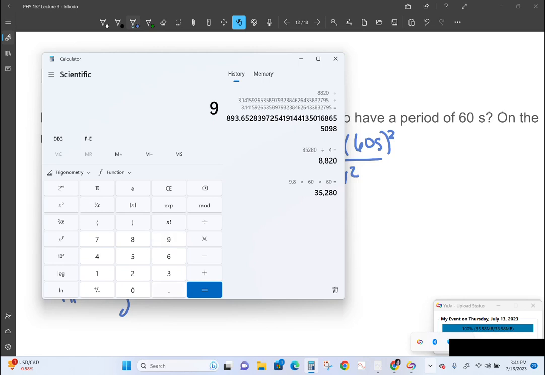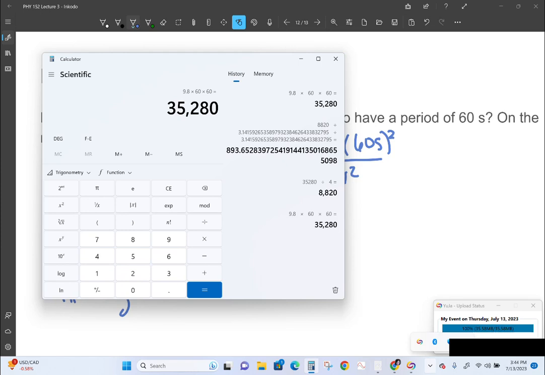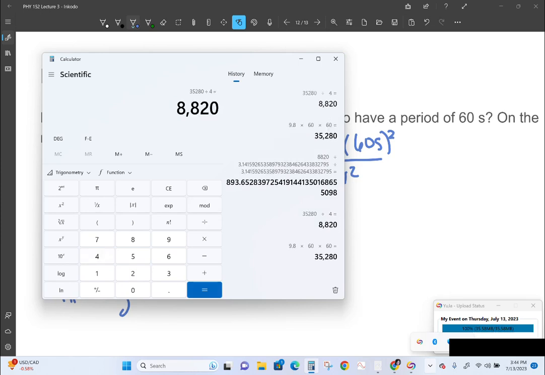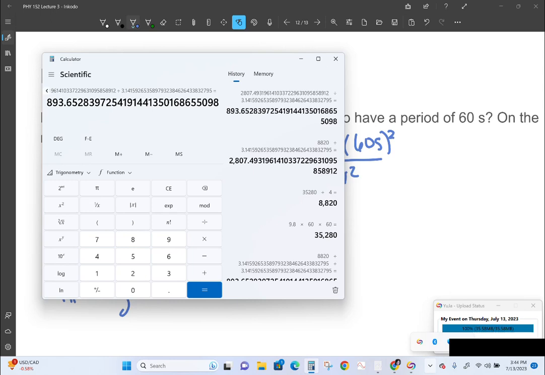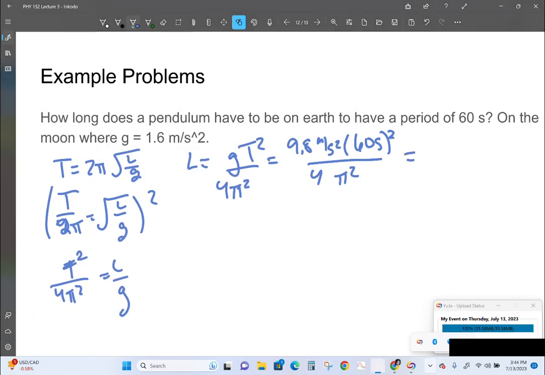So 9.8 times 60 times 60, divided by 4, divided by pi, divided by pi, 894. So the length is 894 meters.